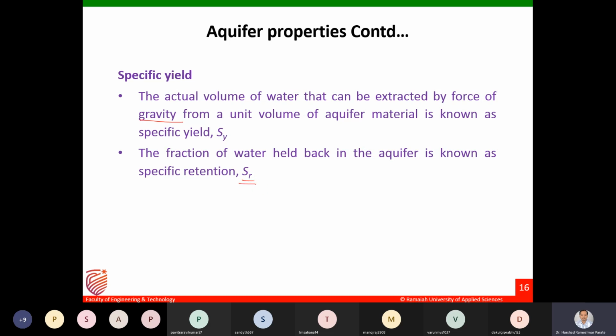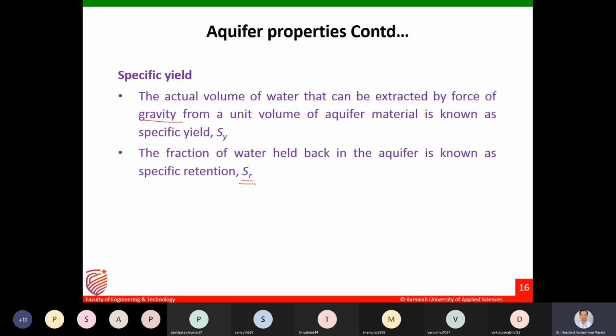The best example to understand specific yield is to consider a sponge. I think all of you are aware what is a sponge. A sponge is the best description of an aquifer. You take a sponge, dip it in the water and just keep it. When you dip it in the water, what happens?